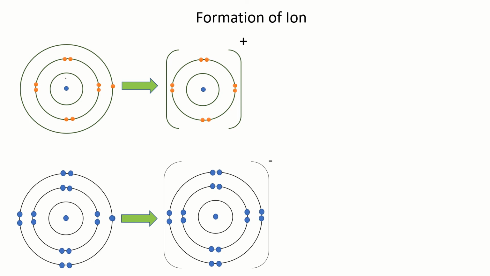Now the first one is sodium. The electronic configuration is 2, 8 and 1. So in the K shell there are 2 electrons, in the L shell there are 8 electrons, and in the M shell there is only 1 electron. The duplet is fulfilled in the K shell, and the L shell has 8, which is the octet, so that is also fulfilled.